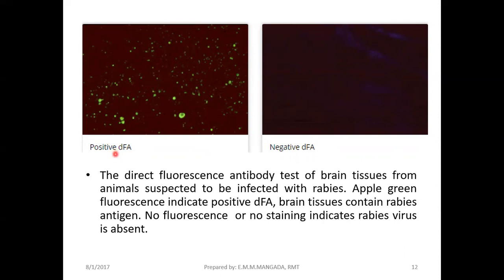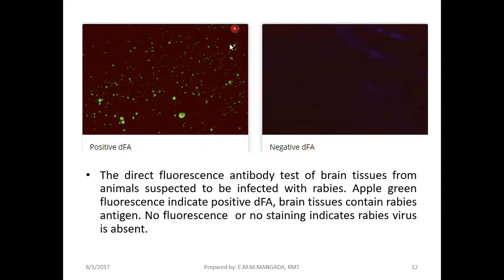So guys, this is the positive DIFA or your direct fluorescent assay, and this one is negative. If you look, there are no bright objects in our negative DIFA. But here you can see apple green fluorescence. Okay? So, what is this?